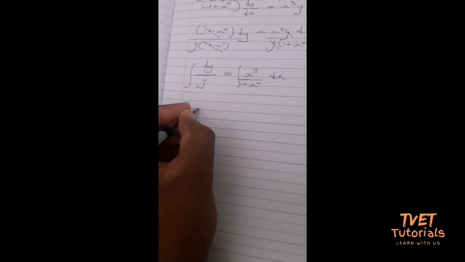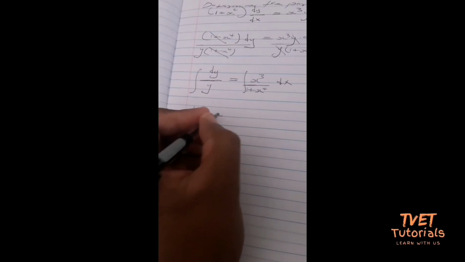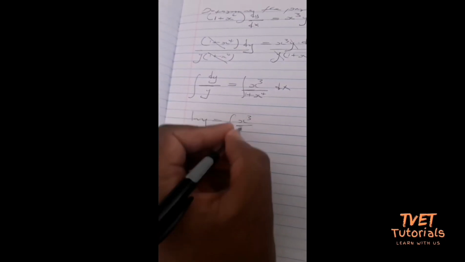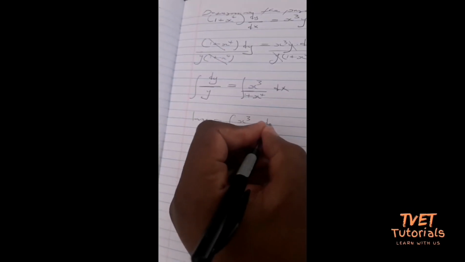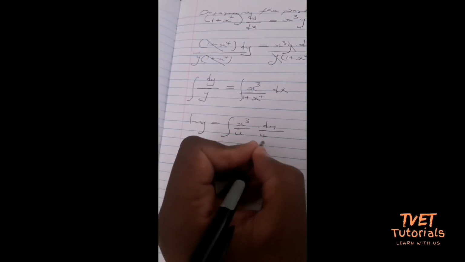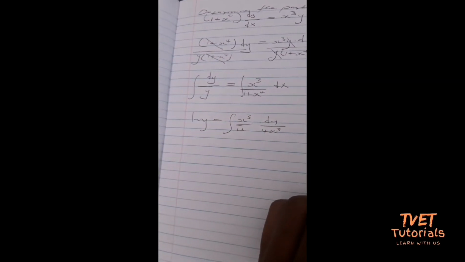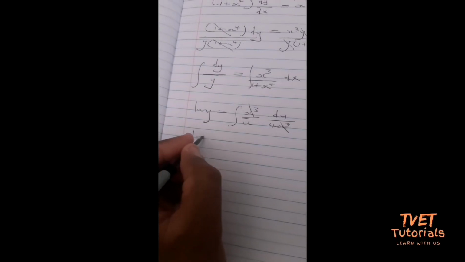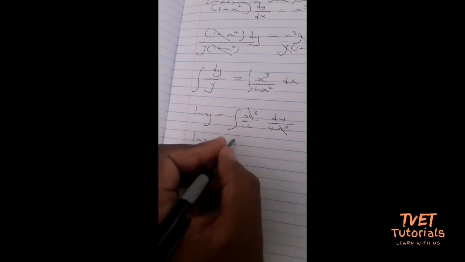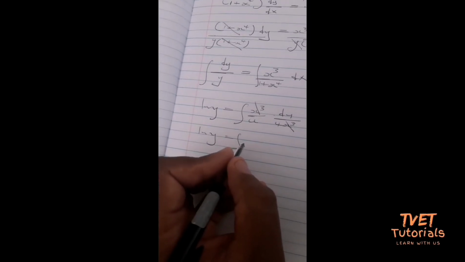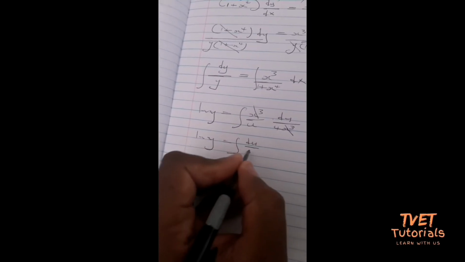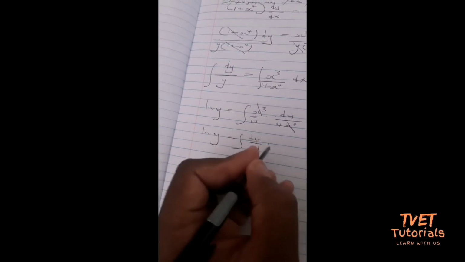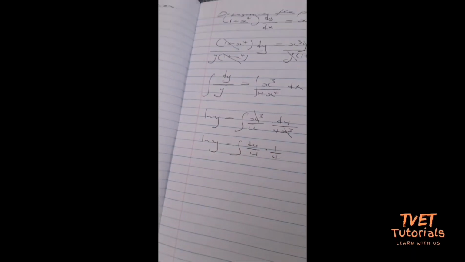We've said that on the left hand side, that integral will simply give us the ln of y. Then on the right hand side, I'll have the integral of x cubed over u multiplied by du divided by 4x cubed. So x cubed will take care of that x cubed. I'm now going to remain with the ln of y equals the integral of du over u, but we still have that 4, so multiply by 1 over 4.